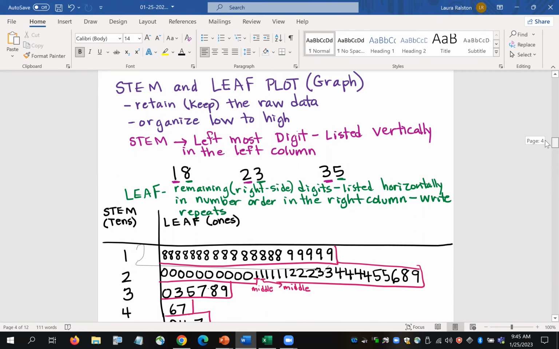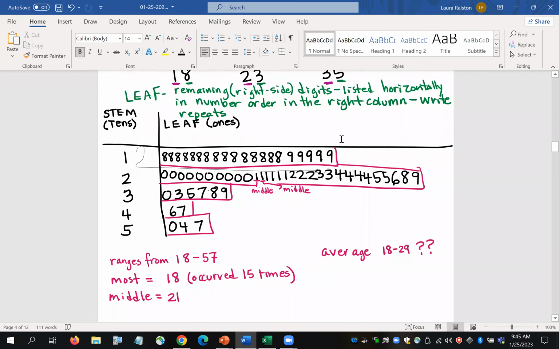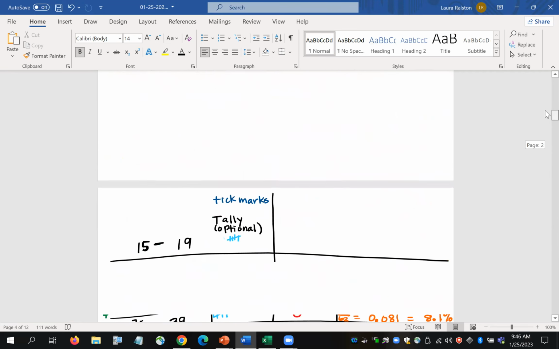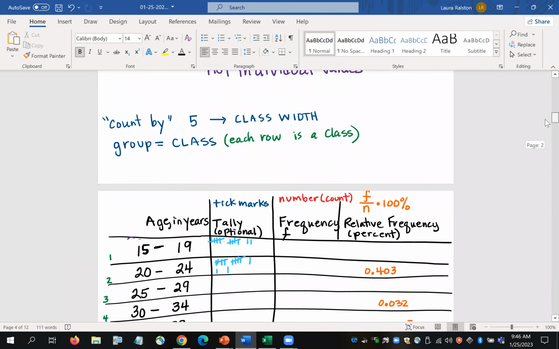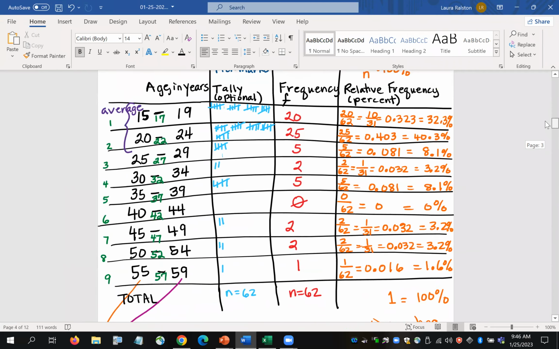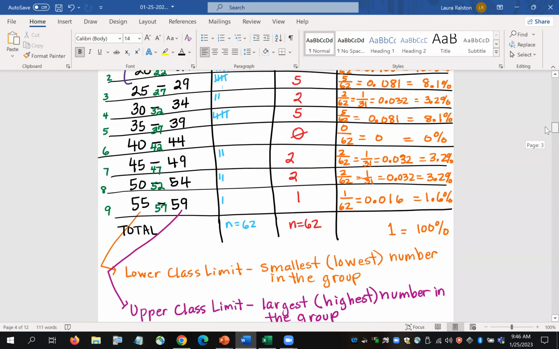I could go back with this stem and leaf plot that we created the other day and create my list of data. I could recreate this list if I needed to. I cannot do that with my frequency distribution or my table.